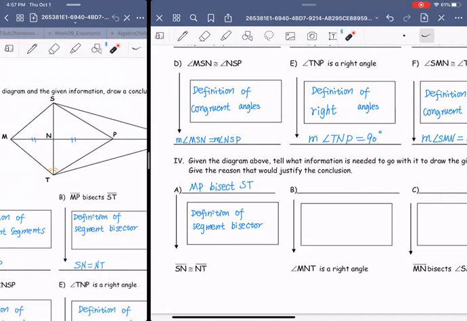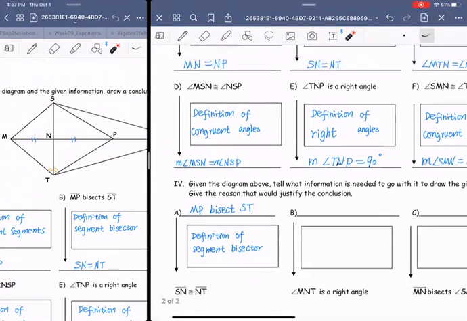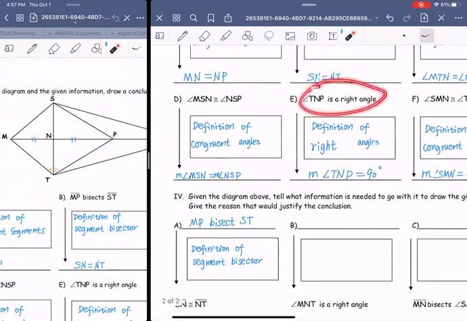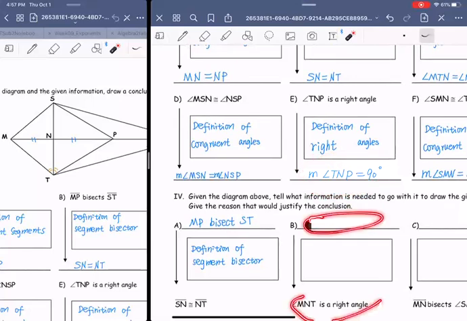Now let's do this, for the B. In E, how come it's just measure of TNP equals 90 degrees? If they give you this as a right angle, then you see this is 90 degrees. You can also say this is 90 degrees, then this is a right angle.